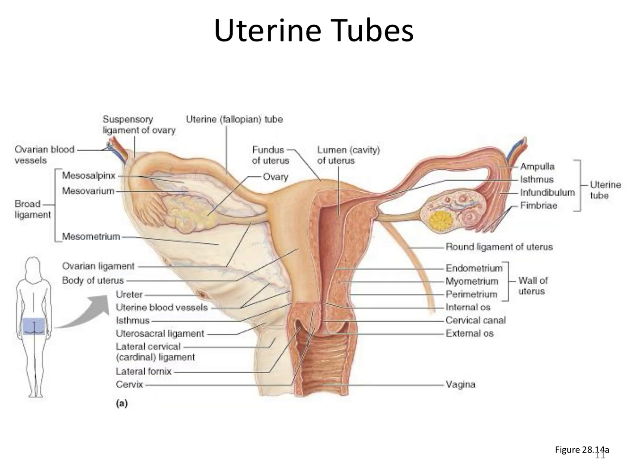You can see surrounding the ovaries, at one end, you have the uterine tube, which is made up of fimbriae, which help guide the egg into the uterine tube.